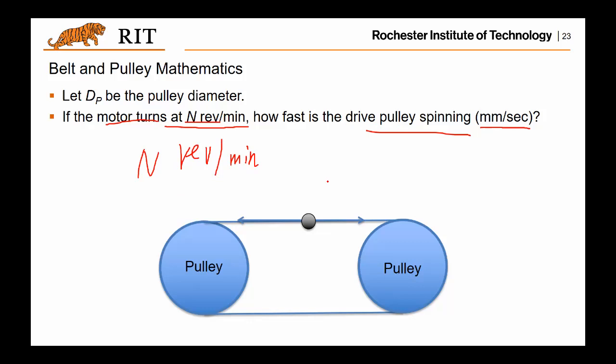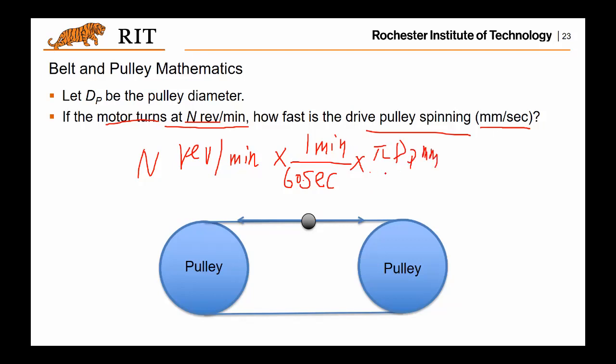Then what you could do is first convert minute to second, because finally you want to have second instead of minute as the unit. 1 minute is 60 seconds, right? And also you have come up with, for 1 revolution, this pulley travels pi dp millimeter.